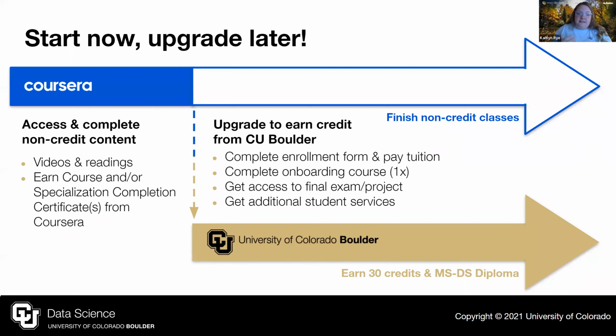Non-credit students can earn a course completion certificate and specialization completion certificates from Coursera. Once you upgrade to the 4-credit version, that's when you gain academic credit from CU Boulder. Keep all of that in mind as you continue to explore this program.